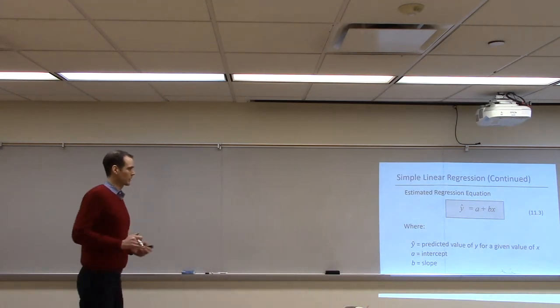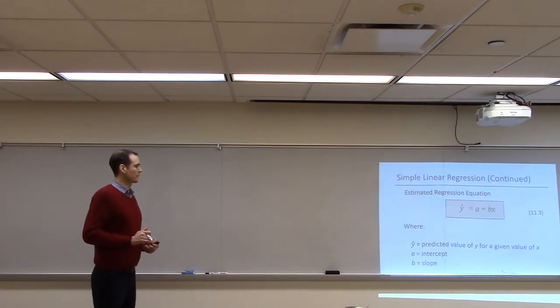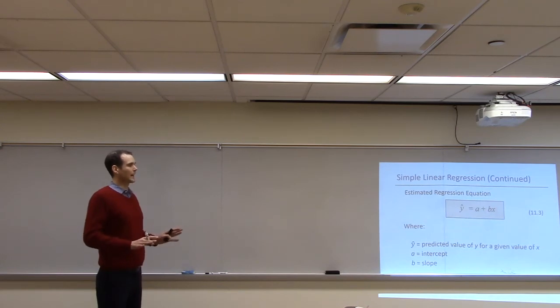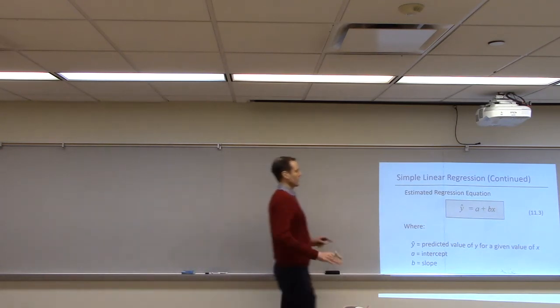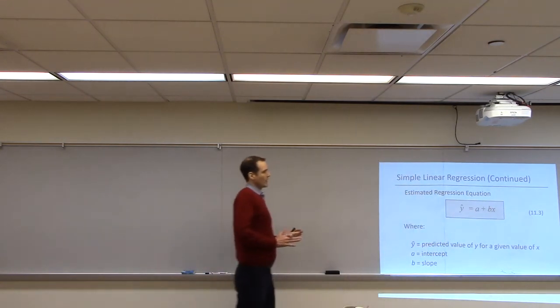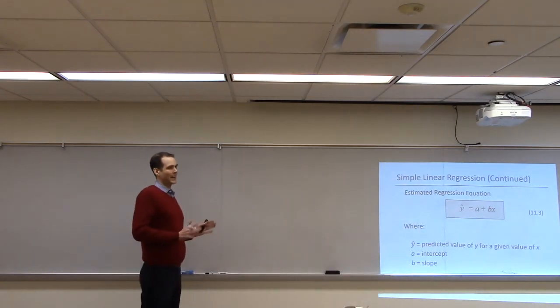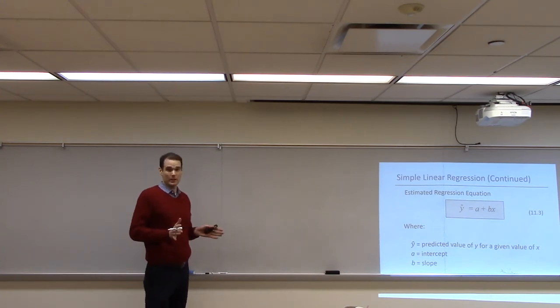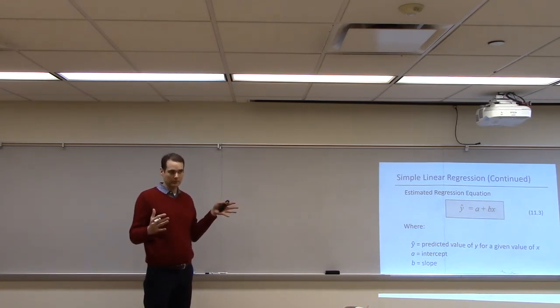Estimated regression equation. Once we have created that equation, we want to think about how well that line fits the data points. We call these performance measures. Are the data points really close to the line, or are they really far away from the line?